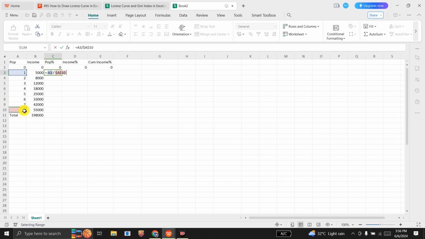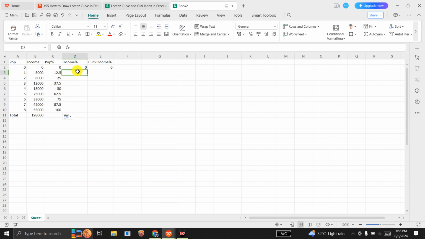If I multiply this by 100, then it means that 1 out of 8 is 12.5%. If I drag this down, this will give me the cumulative percentage share, and you see this is 100, so this is the cumulative percentage share of the population.